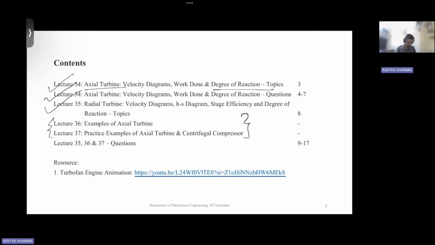Then we shall see questions based on lecture number 35, 36, and 37. I have a paragraph type of question, so paragraph related to that, few questions are there. So this is the content of today's session.